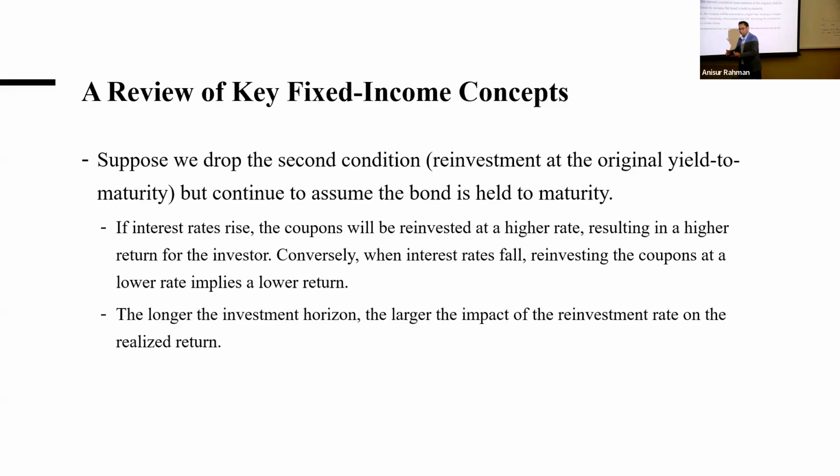So although you are making money by reinvesting the coupon at a higher rate because the interest rate is higher now, if you sell the bond at that point, you will lose value in the capital, the bond price, right? And the opposite happens if the market interest rate goes down. Bond price will increase, although you'll reinvest the coupon at a lower rate, right? So then, because of this, your return actually will change if you don't hold onto the bond for the entire maturity of the bond, right?